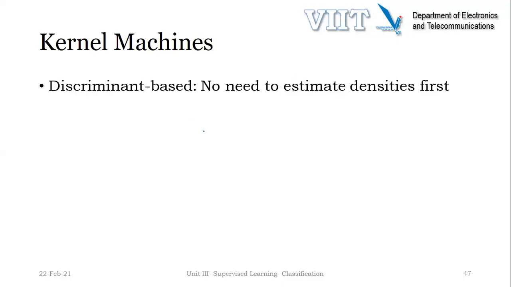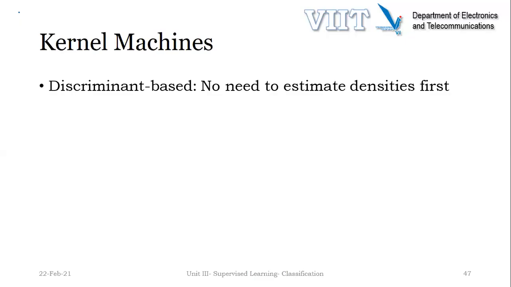In these kernel machines, as we have already seen, this is typically discriminant function based. Initially in classifiers, we talked about different approaches for classification. One is discriminants like linear discriminant analysis.